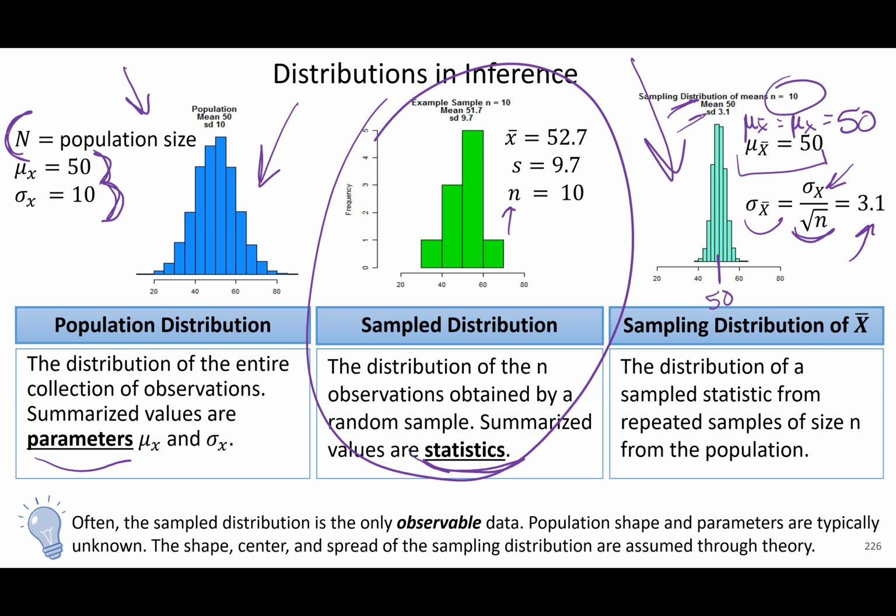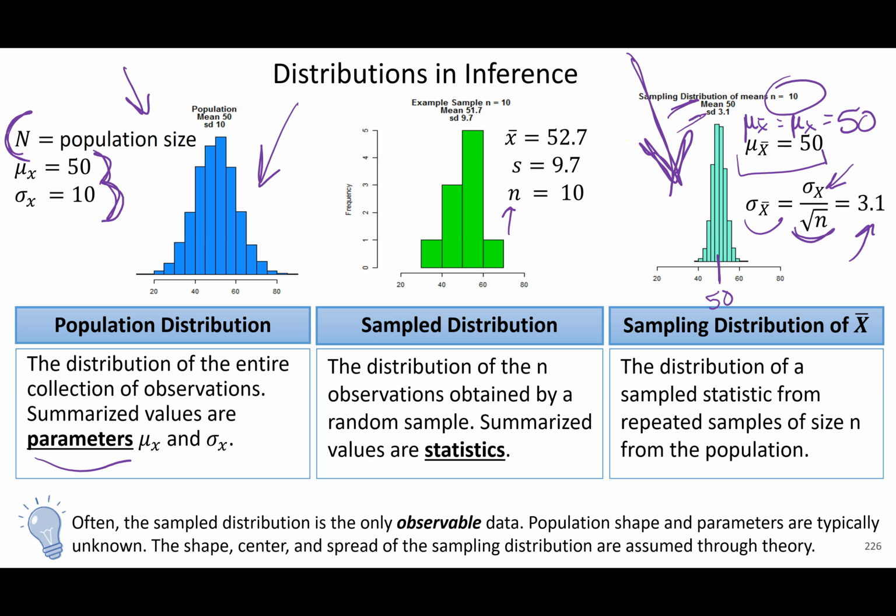Both of those two distributions, though, require us to have access to the entire population, which we frequently don't. We definitely have the ability to estimate the sampling distribution, but most of the time we don't get the true sampling distribution of x bar, because if you had to go out there and take every single unique sample of 10 from a population, you'd be out there forever. It's very difficult to do.